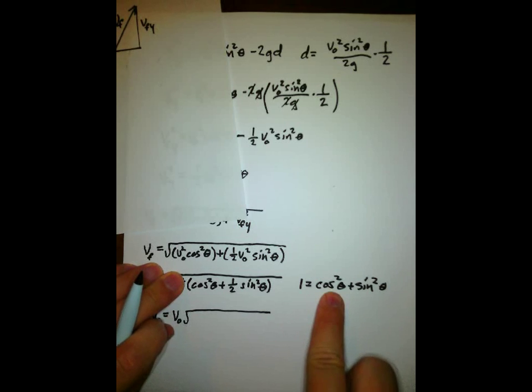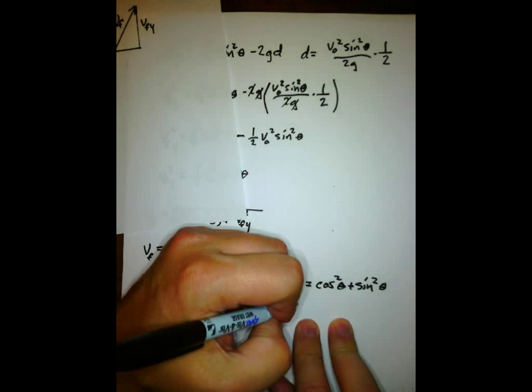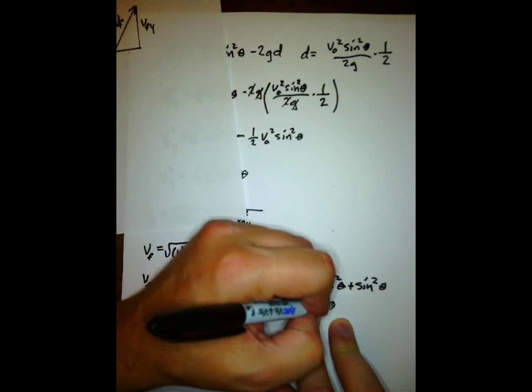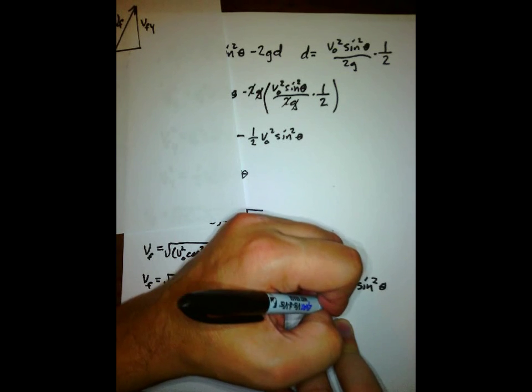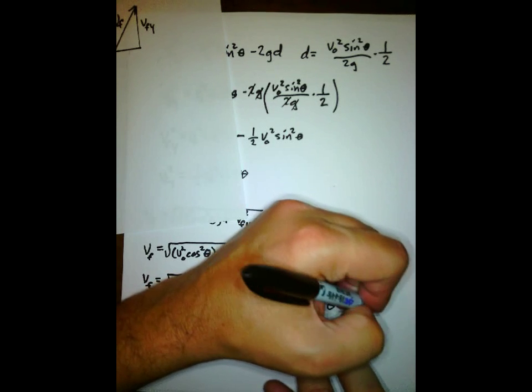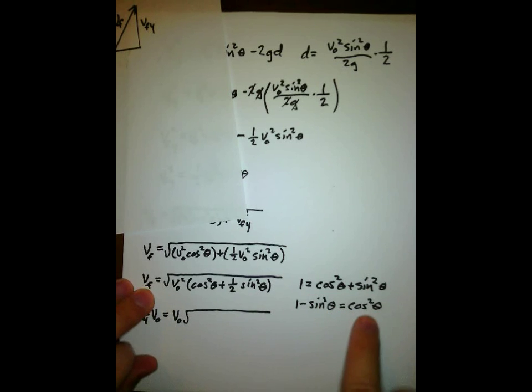Let's solve for cosine squared theta by subtracting sine squared from both sides. So I'm going to have 1 minus sine squared theta equals cosine squared theta.